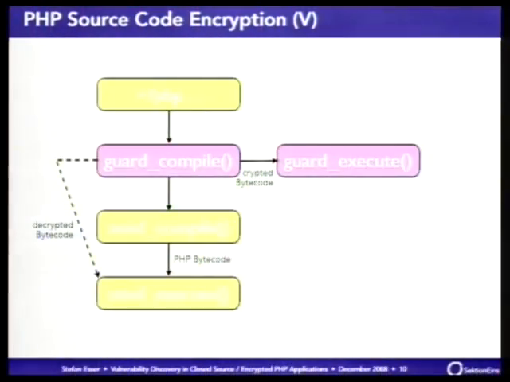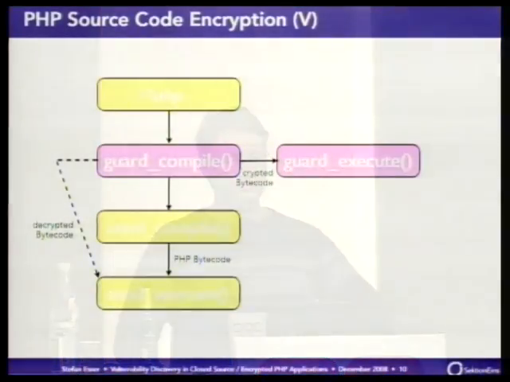The optimizer will first of all hook in between the PHP source code and the PHP compiler, and replace the compiler with something called the Guardian compiler. The Guardian compiler will first check, before it compiles the code, whether this is actually a SendGuard encrypted file. If it is encrypted, it will call its own routines. Otherwise, it will just pass the file to the original compiler.